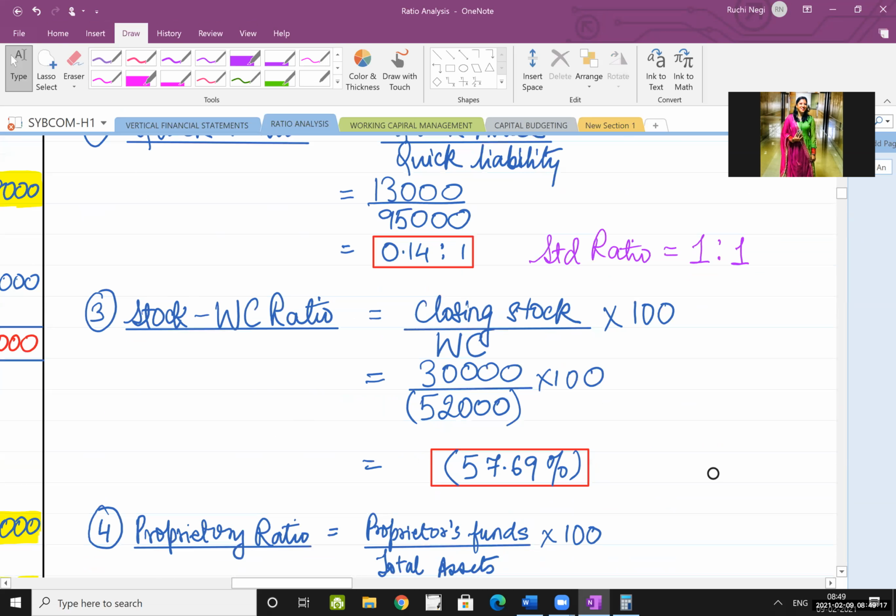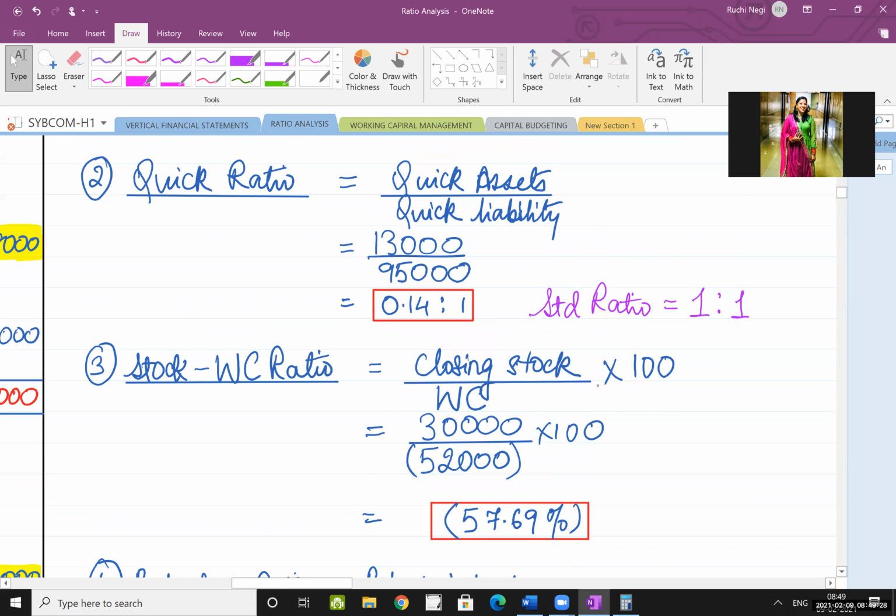Stock to working capital भी देखो, closing stock is given in balance sheet, yes, and working capital is also there in the balance sheet, yes, into 100. Okay, so इसमें फॉर्मूला में इंटू 100 है ना, मतलब this is a form of percentage ratio. तो अगर एग्जाम में आपको आई स्टॉक टू वर्किंग कैपिटल रेशियो is a dash form of ratio and they give you options, so your right answer will be percentage.